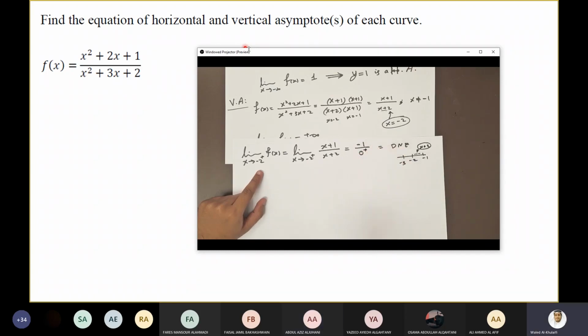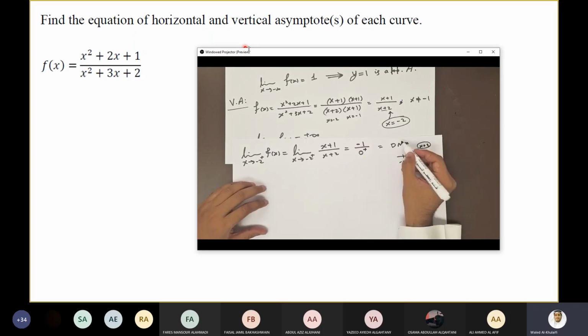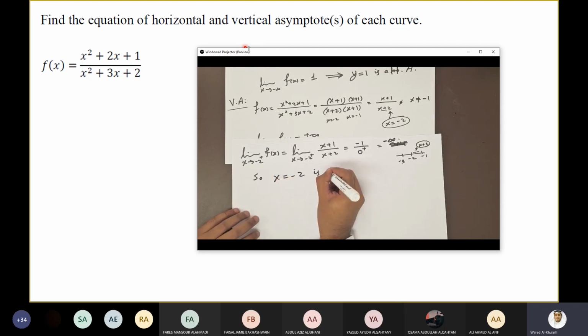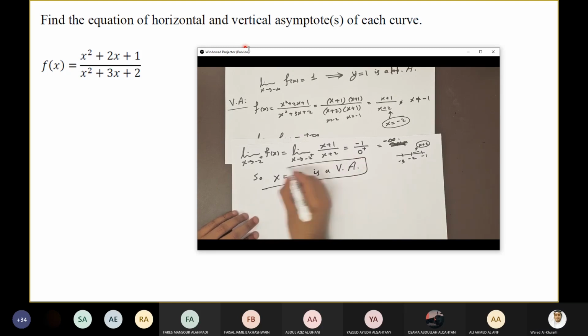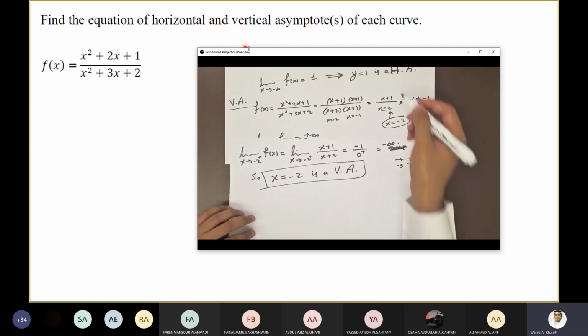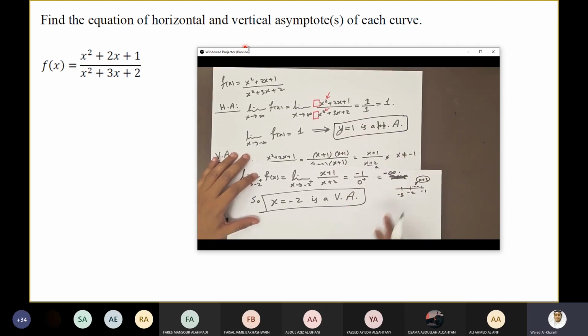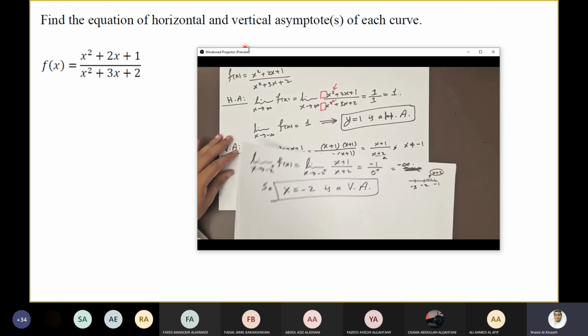So this will be 0 positive. When it is 0 positive, I get plus infinity, but since I have negative 1, this becomes negative infinity. So the conclusion is that x equals negative 2 is a vertical asymptote. Okay, and then I have here y equals 1 as a horizontal asymptote. So I have one horizontal asymptote and one vertical asymptote for the function f.